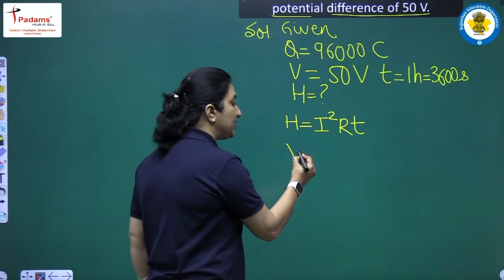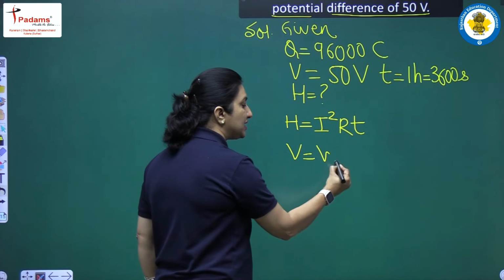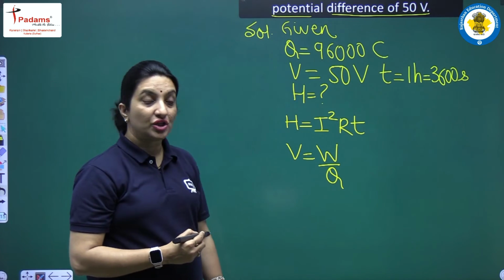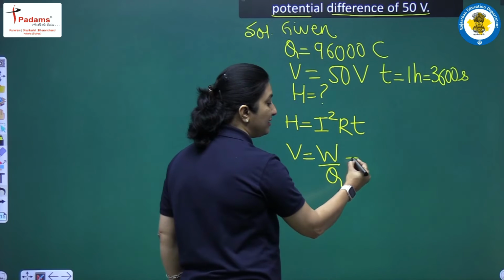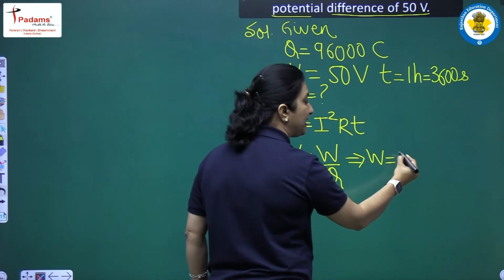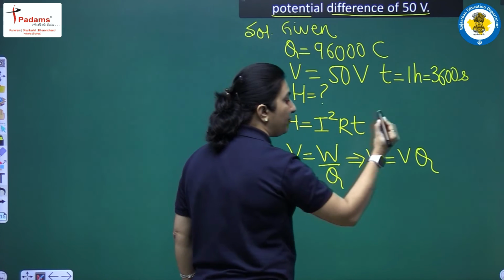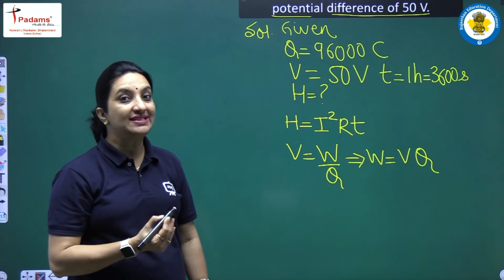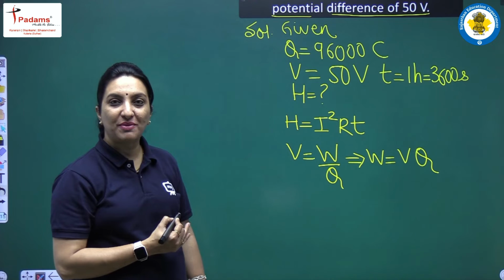The potential is given by the work done per unit charge. So here the work done which is responsible for the heat produced can be directly calculated by multiplying this potential by the charge. So this is the simpler way to solve this numerical problem.